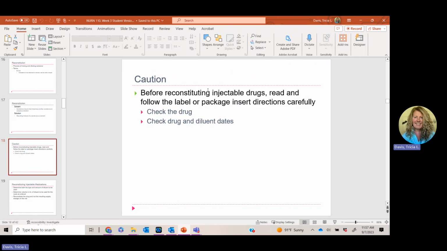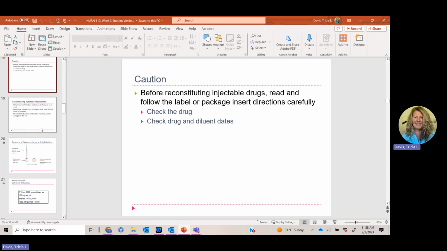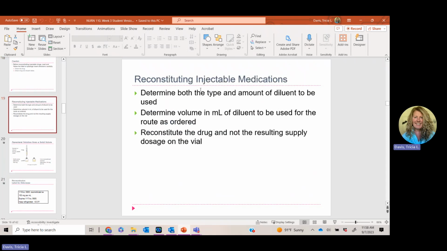So before we reconstitute any type of an injectable drug, it is up to us as nurses to read and follow that label or whatever that pack that we're following the instructions. So we're going to check the drug and the dilutant dates and make sure that everything is correct and is not expired.